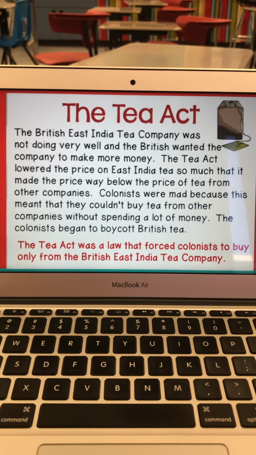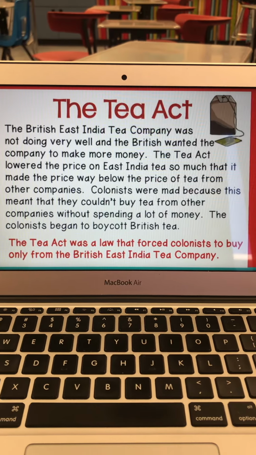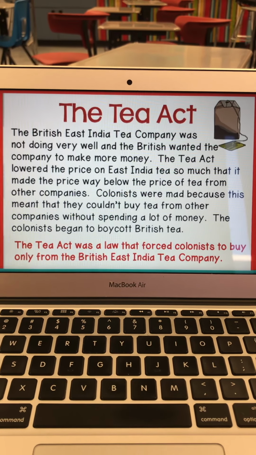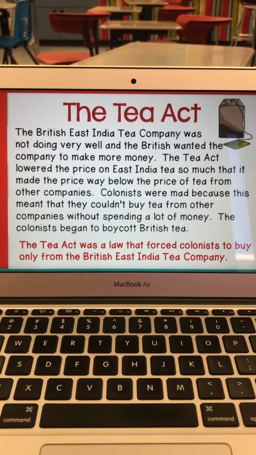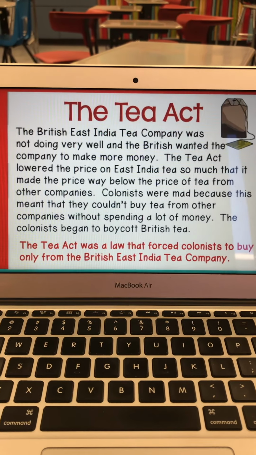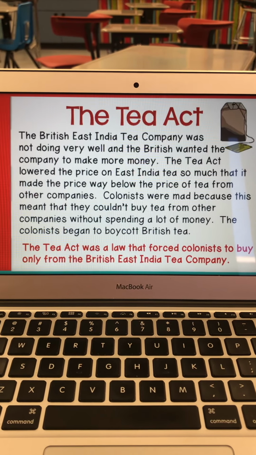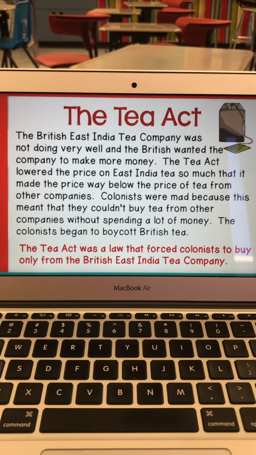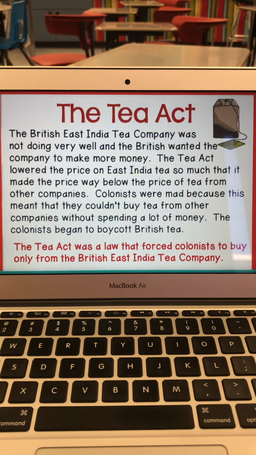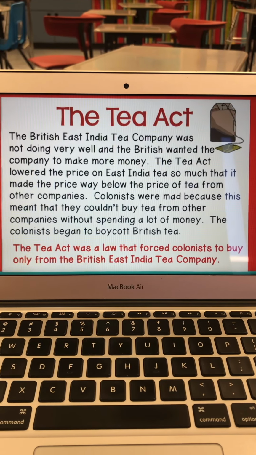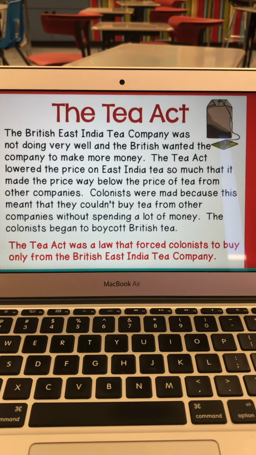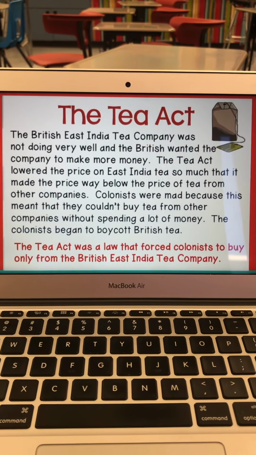They were being forced to buy this tea, which was the real problem, which is why they were upset too. It wasn't just about spending a lot of money. Yes, they had to spend a ton of money, but at the same time, it was about the British trying to control the colonists again.